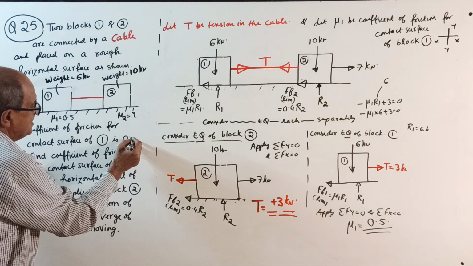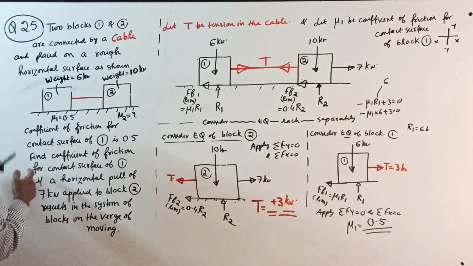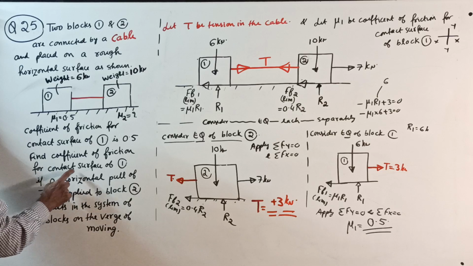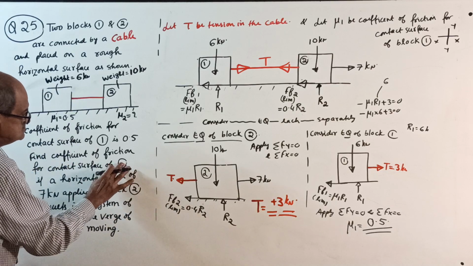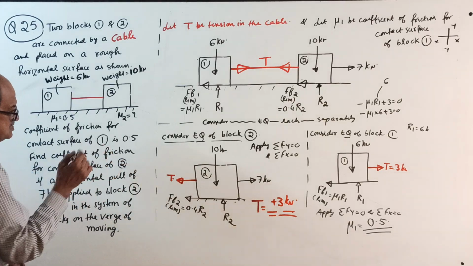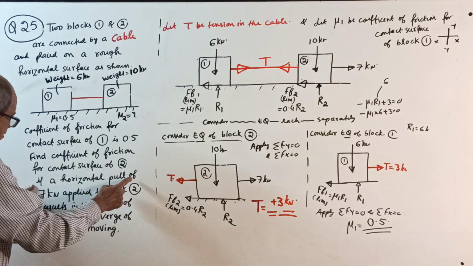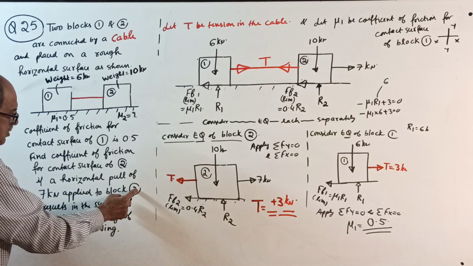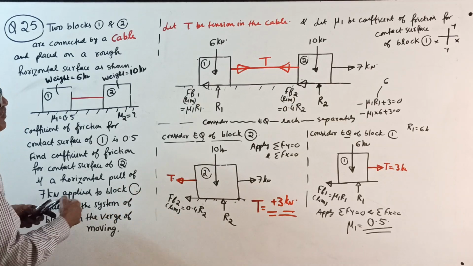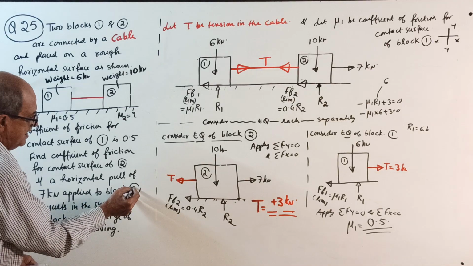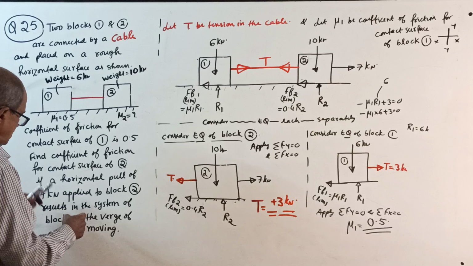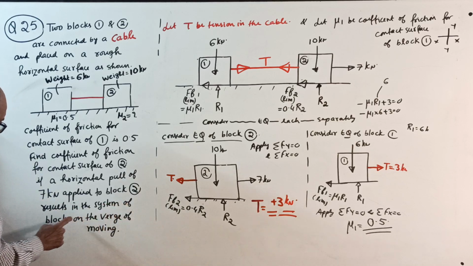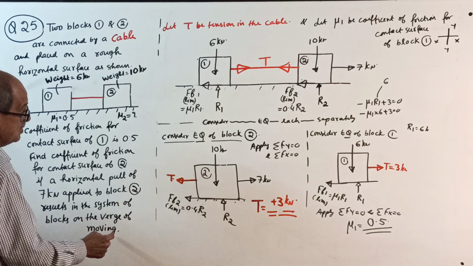That is the answer we got. Find the coefficient of friction for contact surface of block 2. Why am I doing the same question? Because the answer should tally. If a horizontal pull of 7 kN applied to block 2 only results in the system of blocks on the verge of moving.